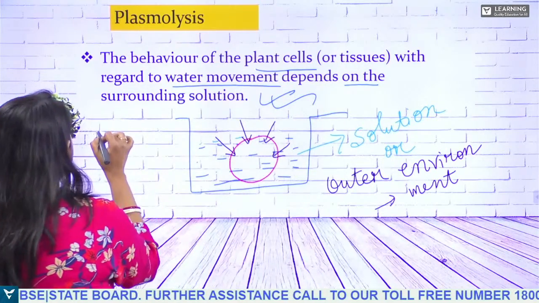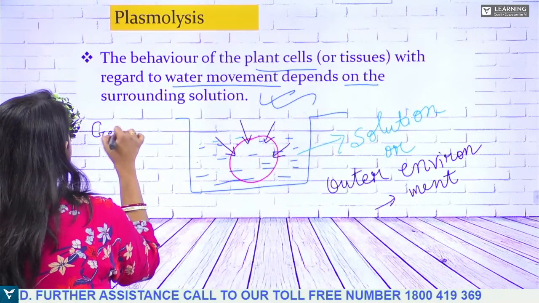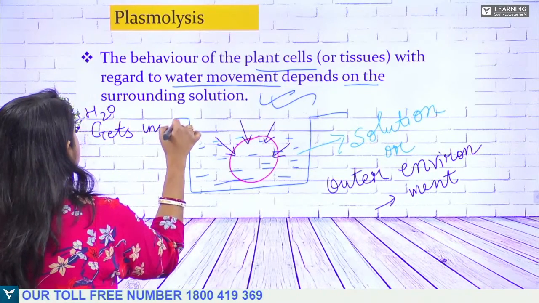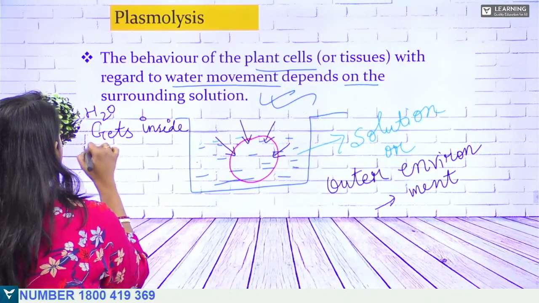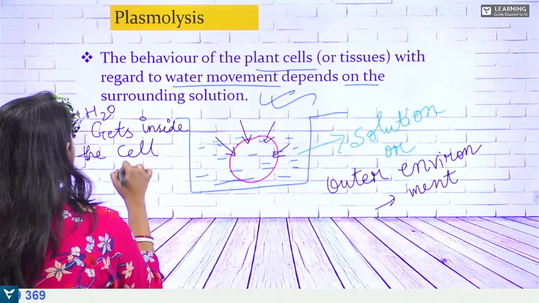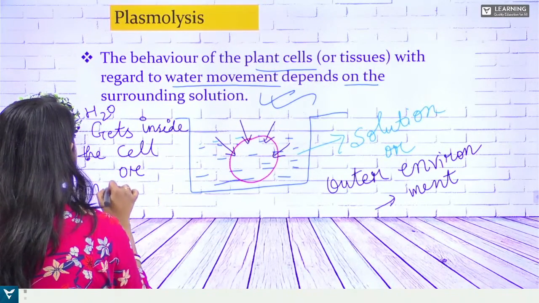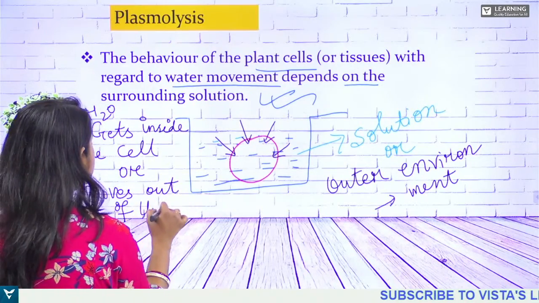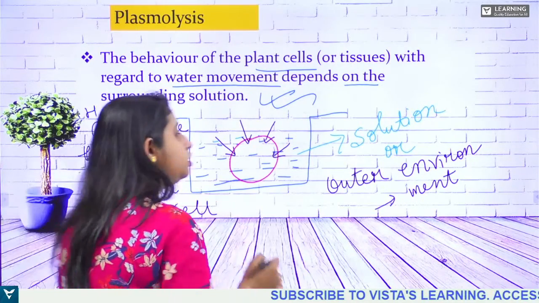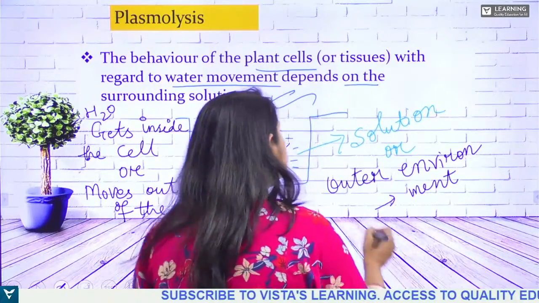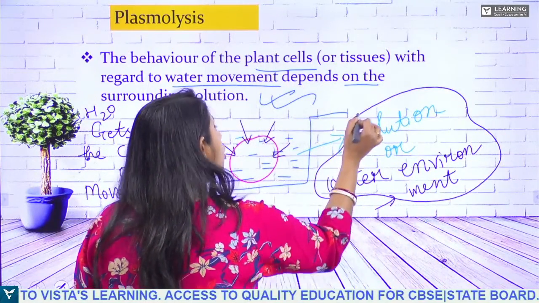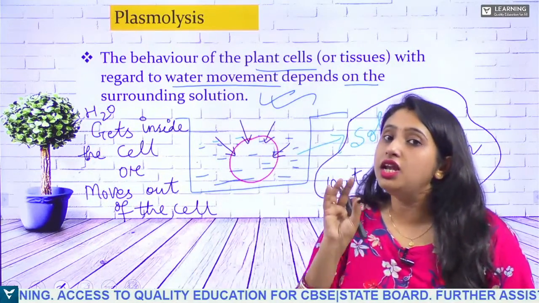So what happens is water gets inside the cell or moves out of the cell, depending on the solution. It all depends on the outer environment, or the solution where the cell is being placed.